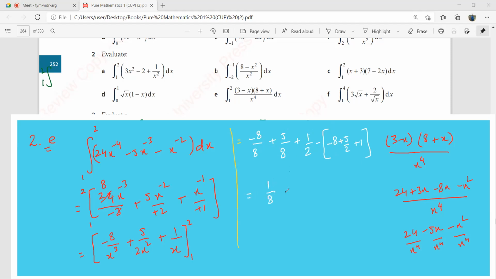This one is 1 over 8 and you have here minus 7 minus 14 minus 9 over 2 plus 9 over 2. Please keep checking, I might make a mistake here. The LCM is again going to be 8. This is 1 plus 36, that is 37 over 8. This is 4 whole 5 over 8. So I might have made a mistake here, but this is how you have to do it. So this 4 whole 5 over 8 is the numerical value of all of this definite integral over here.